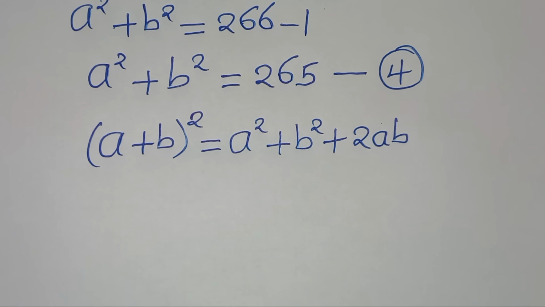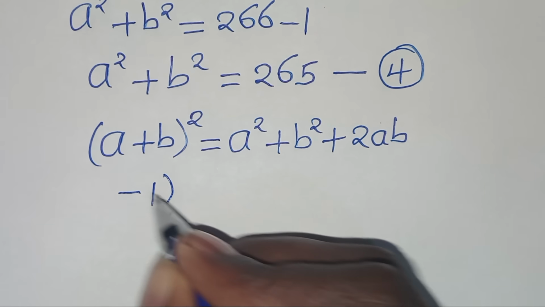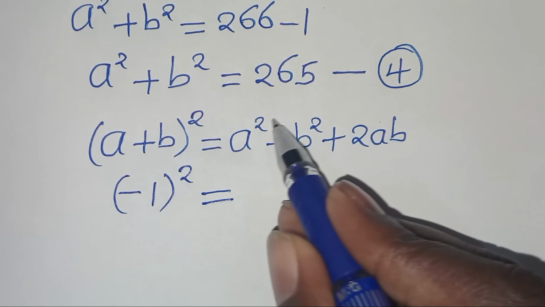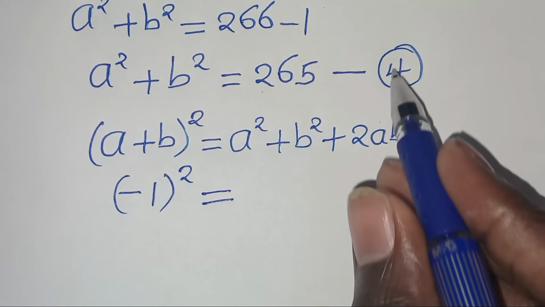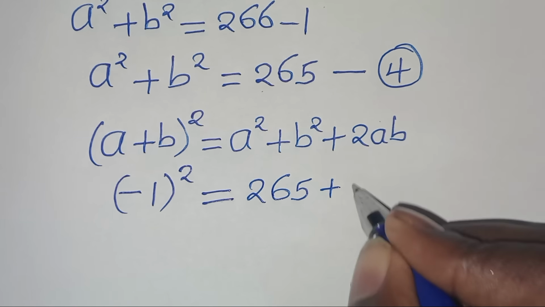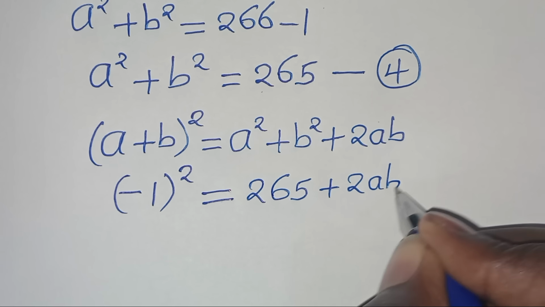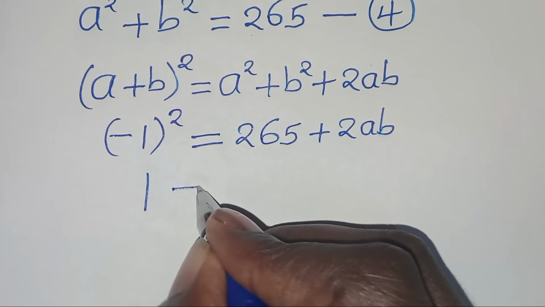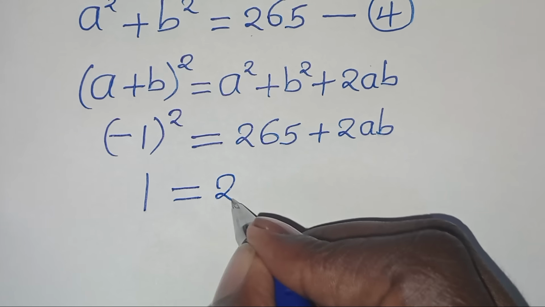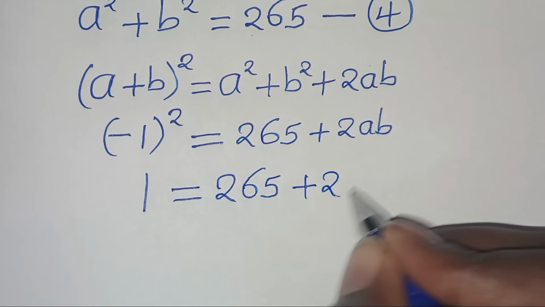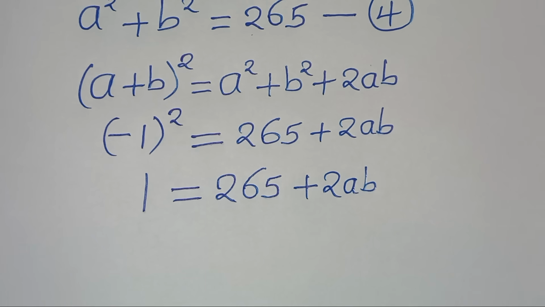So let's substitute minus 1, so that now this is minus 1 raised to the power of 2, equal to a squared plus b squared, which is equation 4, this is 265, then plus 2 times ab. So negative 1 squared is 1, which is equal to 265 plus 2 times ab.